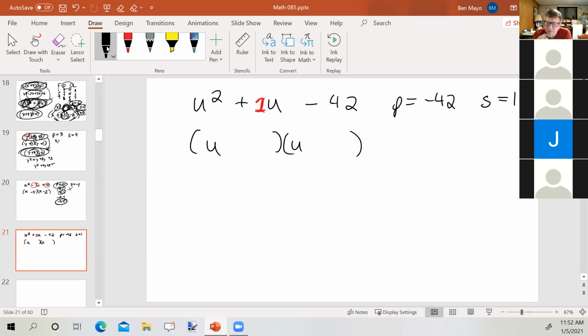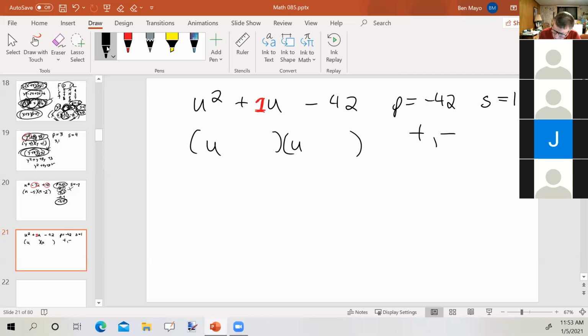Well, now we've got a product that's negative. Well, positive times positive is positive, and negative times negative is also positive. So if we're going to get a negative product, we've got to have one of each. One of the numbers has to be positive and one of them has to be negative, okay?